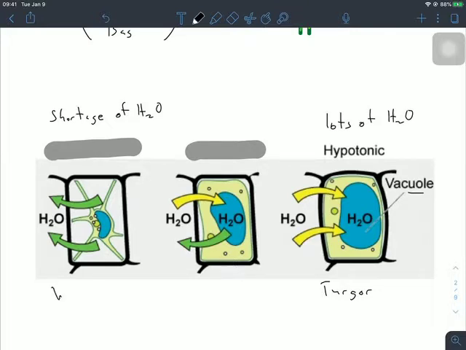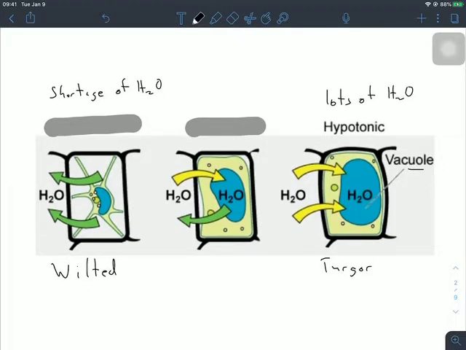This plant would be wilted on the whole, and specifically these cells that have their plasma membrane collapsing in are going through a process called plasmolysis, or the breaking of the cell due to a shortage of water because the plasma membrane is collapsing. This type of solution, this type of environment, is hypertonic.